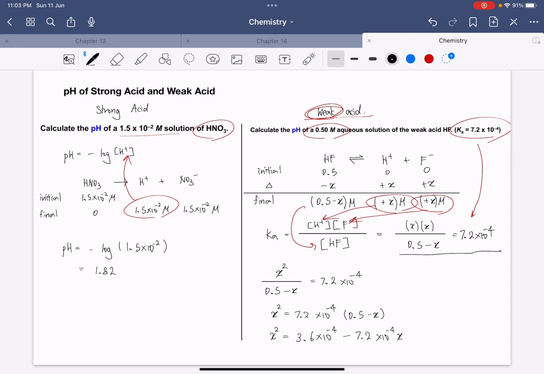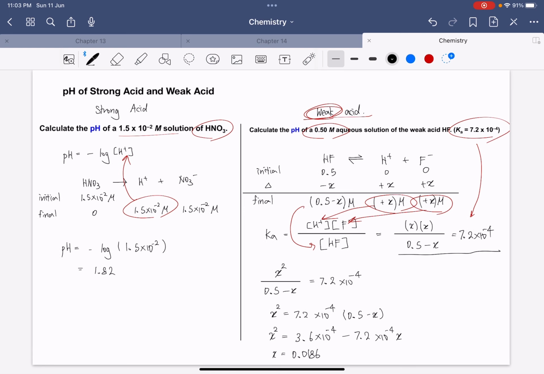Then we can use the quadratic formula. Then we get x is equal to 0.0186 molar.